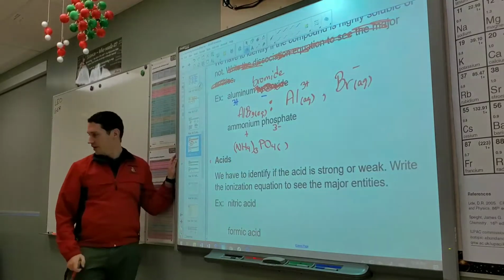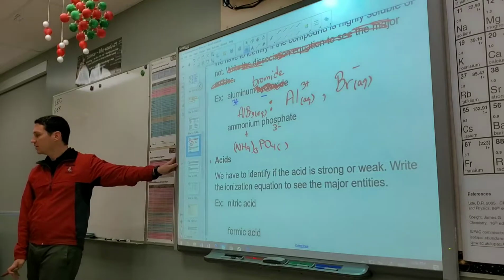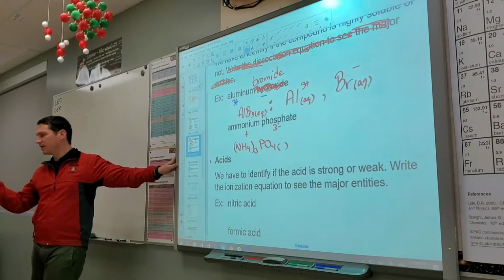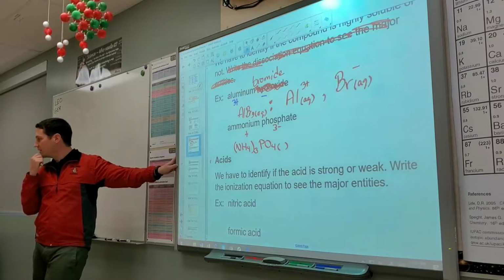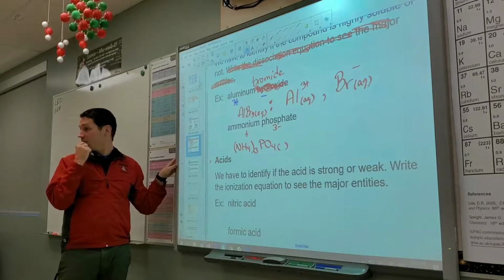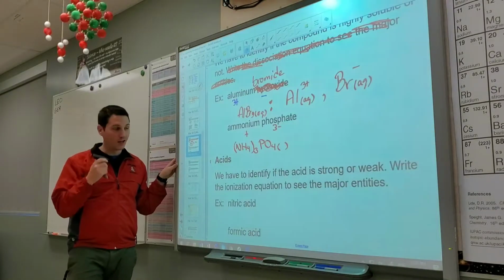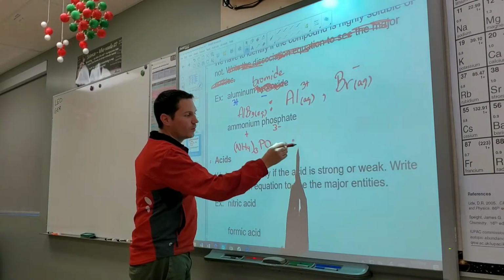What would I put for my state of matter? Is it aqueous or is it solid? Are we okay with the fact that it might be aqueous? Yes. Okay. So what are we going to get?